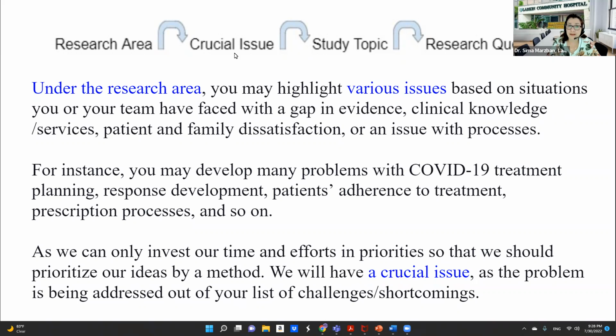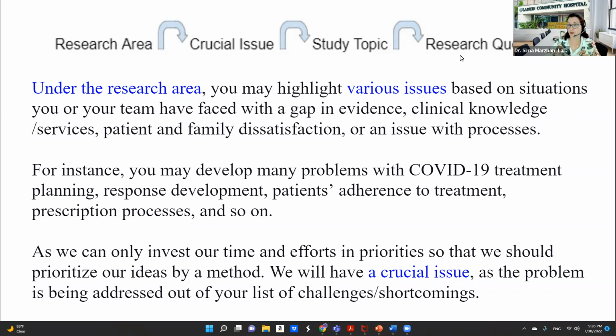So you should compile a list of crucial issues that you know about that area of research. So try to activate your mind on writing different topics, different issues. And then you should select a study topic and research questions.